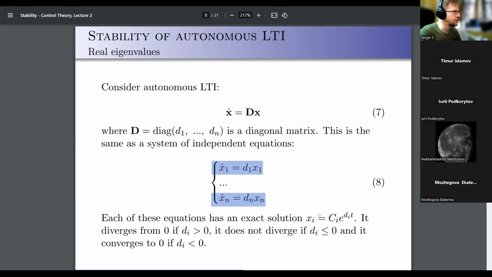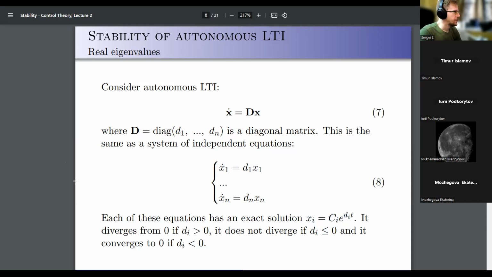The exact solution here is x sub i equals c sub i times e to the power d sub i t. Basically, it says any x is equal to its initial condition times the exponent to the power d sub i times t. So there is a d corresponding to this x, and it will be exponentiated.